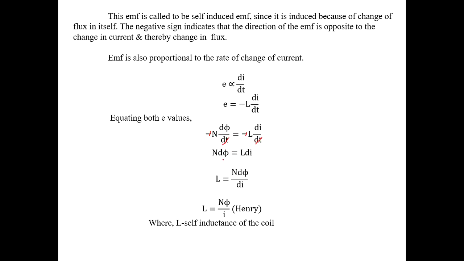We can write N into d phi is equal to L into di. Here we have to find the self-inductance L. From this equation we can write L is equal to N into d phi divided by di. Here cancel this d, we can write L is equal to N into phi divided by I. The unit of self-inductance is Henry.